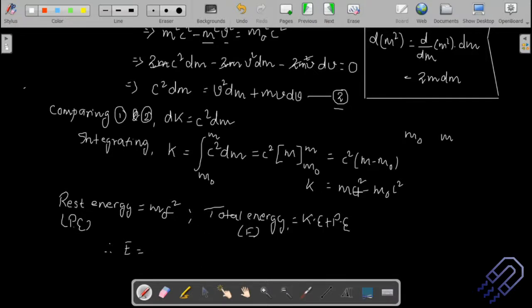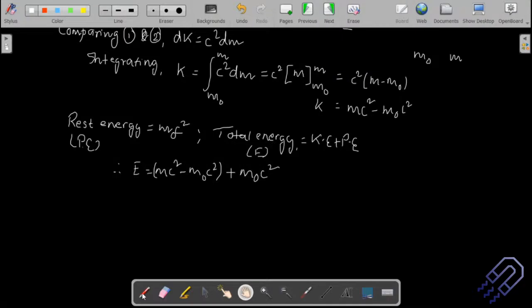We have just now found out the kinetic energy when the body is in motion. This is nothing but mc square minus m naught c square, plus potential energy, which is m naught c square, right? So we have got our relation E is equal to mc square. So simple, right? So this and this get cancelled, and we have got mc square.